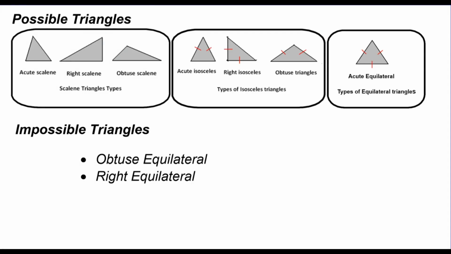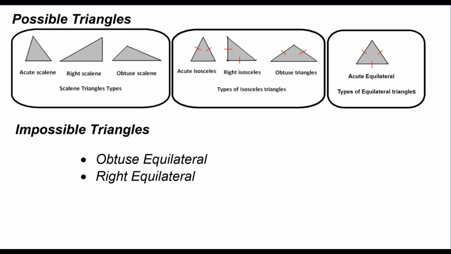So you can have an acute scalene triangle, a right scalene triangle, or an obtuse scalene triangle. You can have an acute isosceles triangle, a right isosceles triangle, or an obtuse isosceles triangle. And you can have an acute equilateral triangle or just an equilateral triangle, since the only type of equilateral triangle you can have is acute. So it's kind of redundant to say acute equilateral.